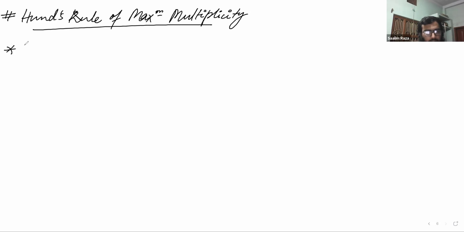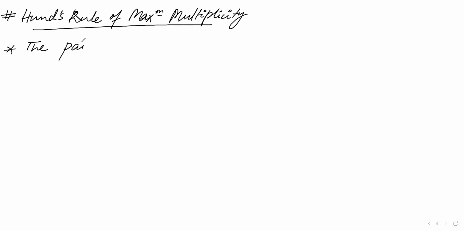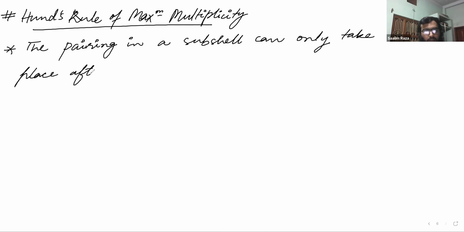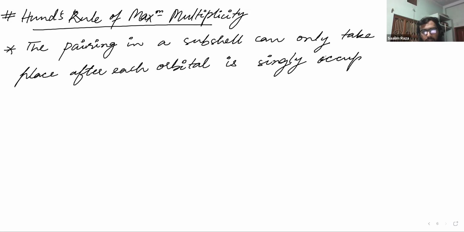It says that the pairing of electrons in a subshell can only take place after each orbital is singly occupied with the same spin.